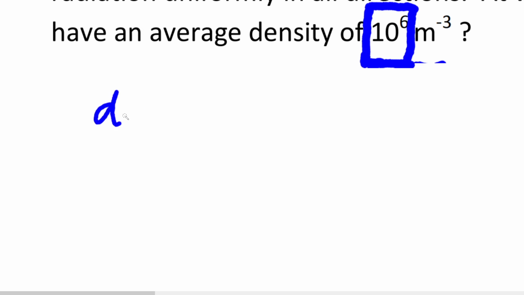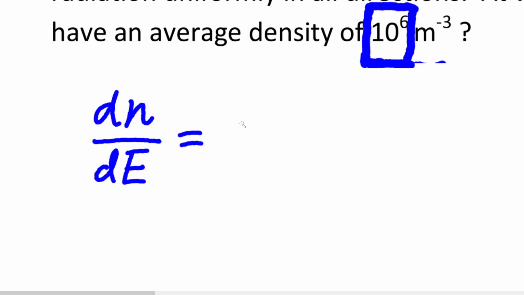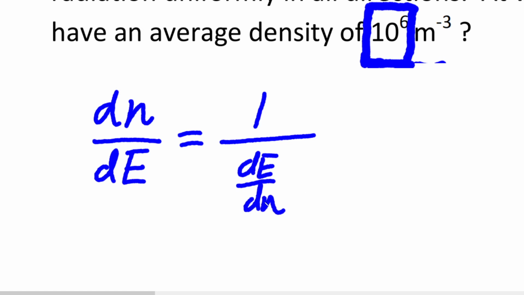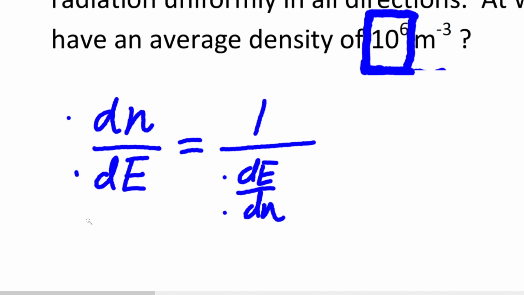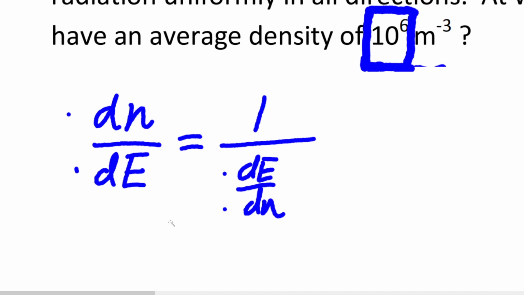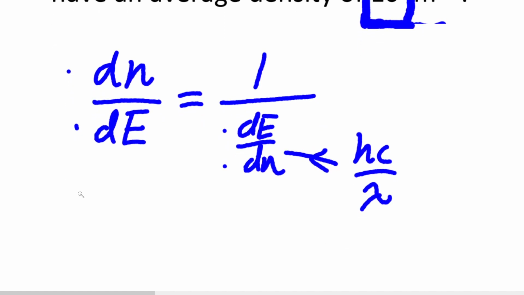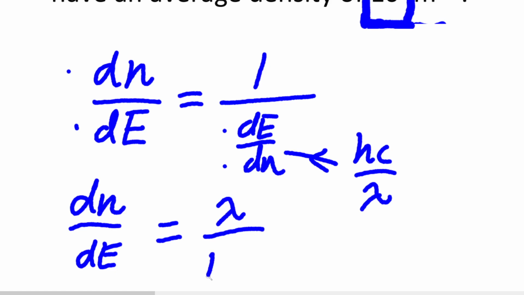If dN by dE, the number of photons per unit energy, is the opposite ratio to the energy per photon, which it is, mathematically speaking, because you could treat these quantities representing real physical things as actual quantities that can be manipulated in a fraction like this, then given that this is equal to hc over lambda, dN by dE is lambda over hc.